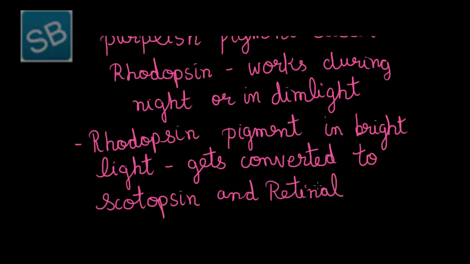Now, such a process of conversion of rhodopsin in the presence of bright light to pigments like scotopsin and retinal is known as bleaching.